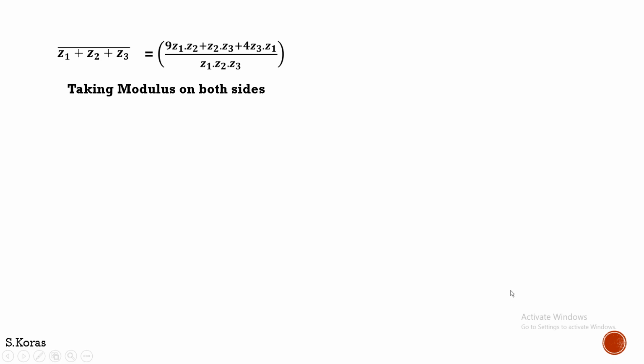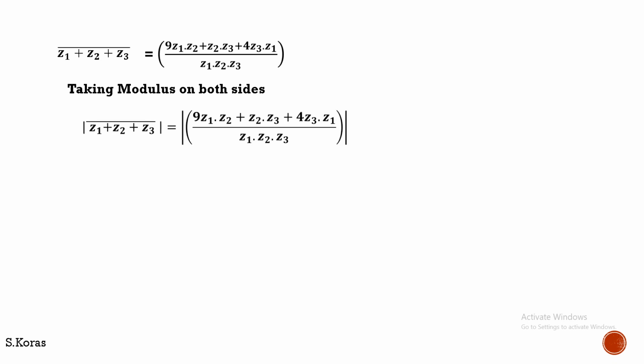Now let us take modulus. In the same way, first we came out of modulus. After doing our simplifications, we are going again into the modulus. Now let us take modulus on both sides. Right, now modulus is taken. Now as I told you, modulus of z bar is nothing but modulus of z. So we can simply remove this bar.